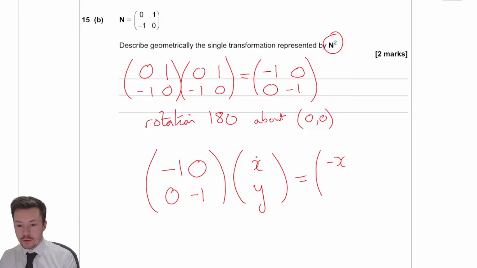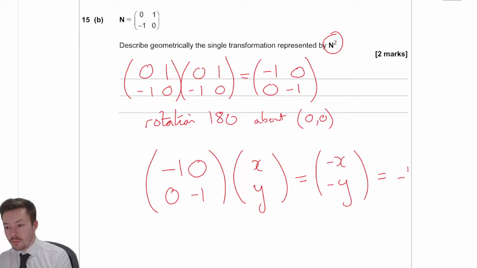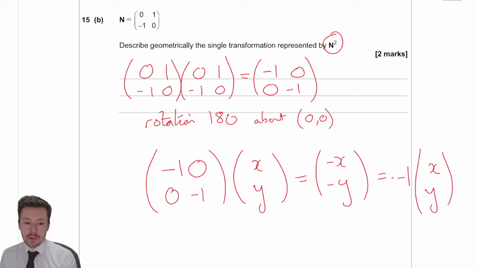And then we've got 0 times x and -1 times y, which is -y. So what we've done there is that is -1 lots of x, y. So your scale factor there is -1, okay? And that's also acceptable. You could say enlargement scale factor -1 about the origin. That would also work, okay? So yeah, you could do it that way.